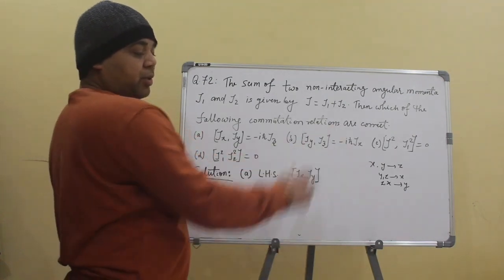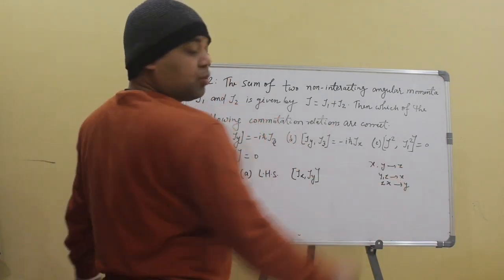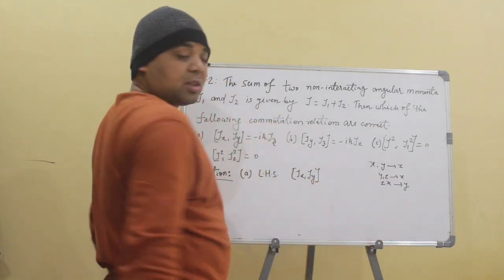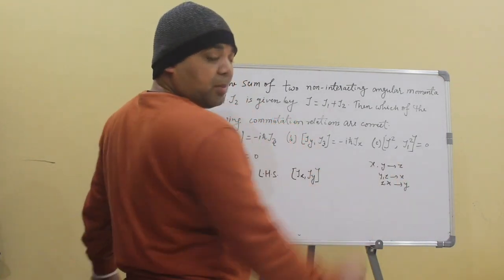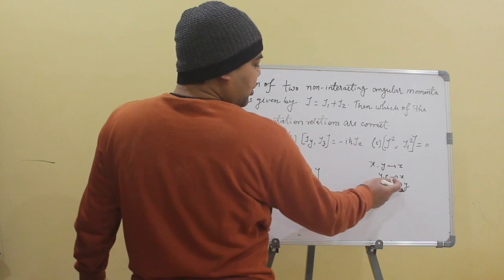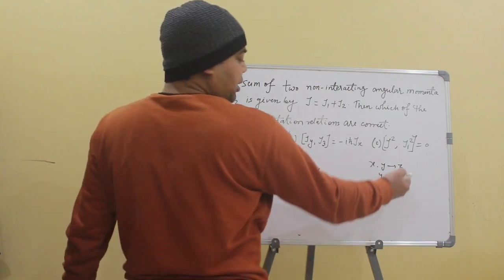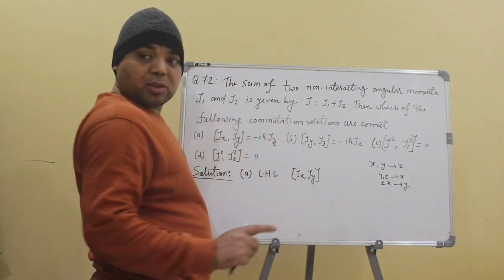So this is how it works: x, y goes to z; y, z goes to x; z, x goes to y. Now if you change the order of any two, the sign will change. So x, y goes to y, x, it will become minus z. If y, z goes to z, y, then it goes to minus x, and similarly. So here it is Jx, Jy, so it is in cyclic order.